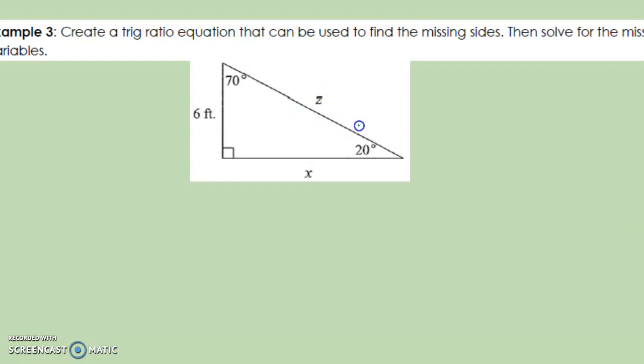Again, you could choose. This is my angle of interest, this is my opposite, my hypotenuse, and this is adjacent. So if I was going to look for my hypotenuse, I could do sine of 20, there's more than one way, is my opposite, which is my 6, over my hypotenuse, which is z, and then I could do tan of 20, which is my opposite of 6, over my adjacent, which is x.